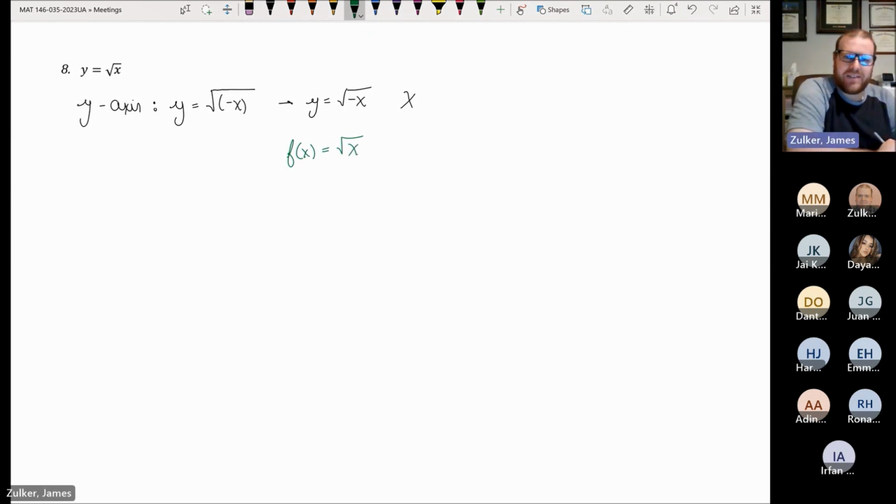If we look at f of x equals square root of x, what's the domain? Not all real numbers.